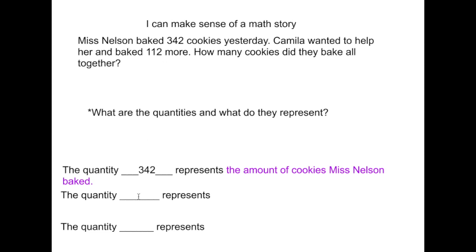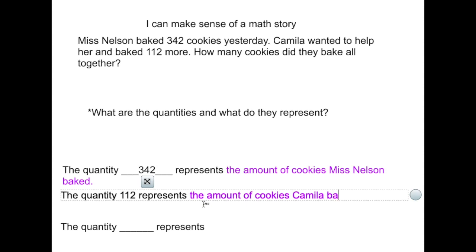Well, what does 112 represent? Camila wanted to help her and baked 112 more. So the quantity 112 represents the amount of cookies Camila baked.